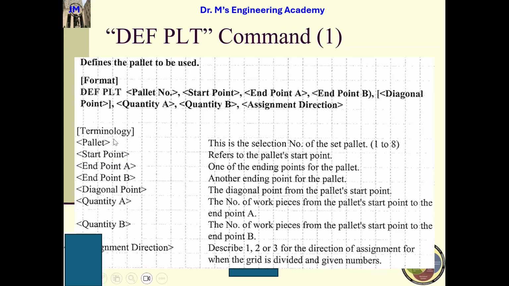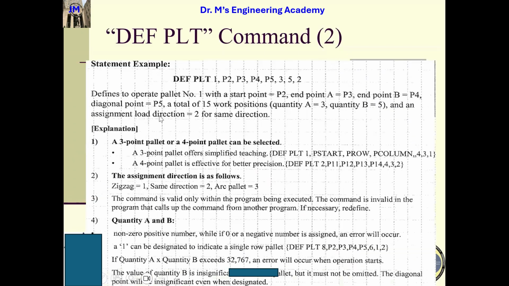To better illustrate how we define the palette, we are going to use this example. You can see this is zigzag, the number equals 1. On the same direction, we use 2. The arc palette is one-dimensional, just like this conveyor belt.